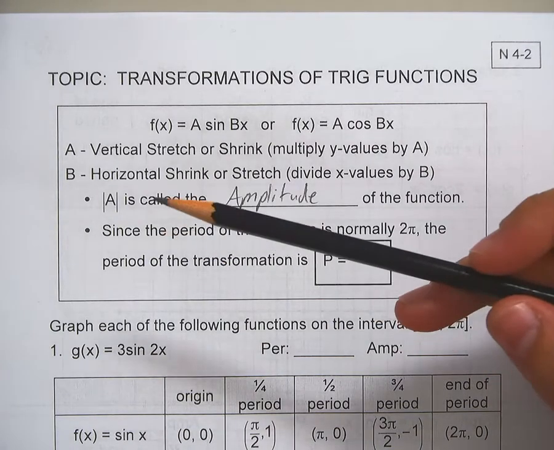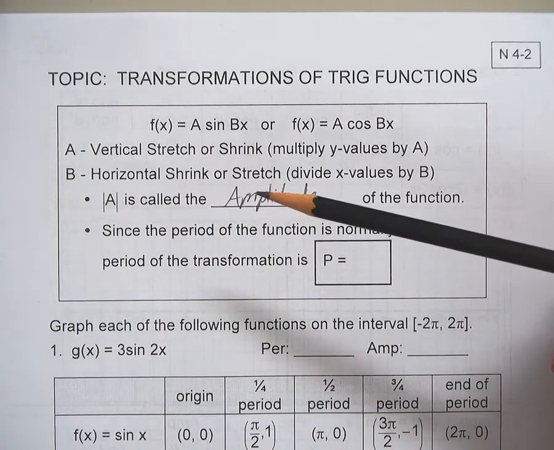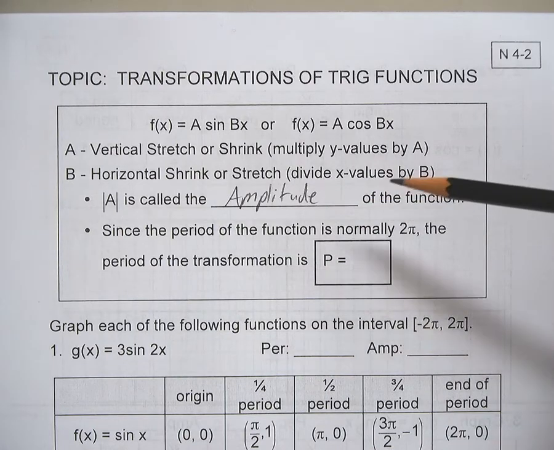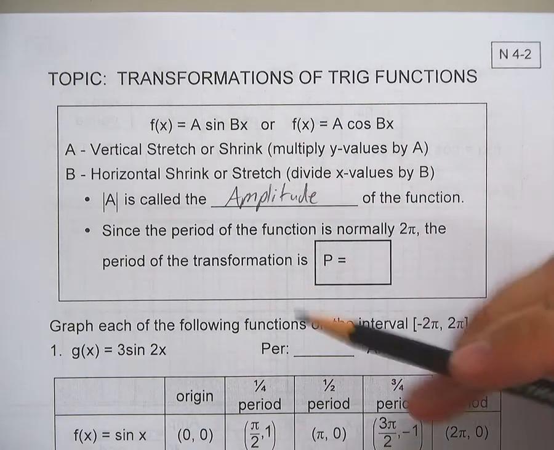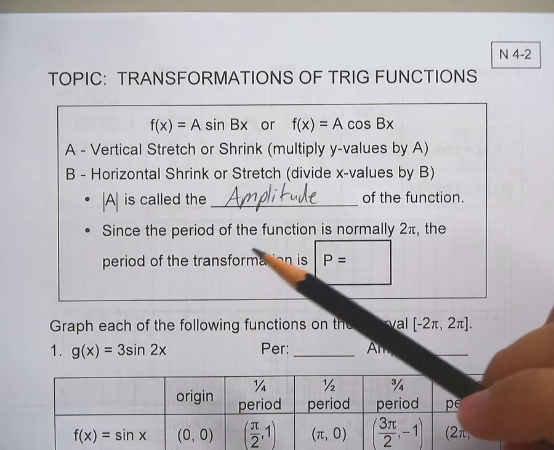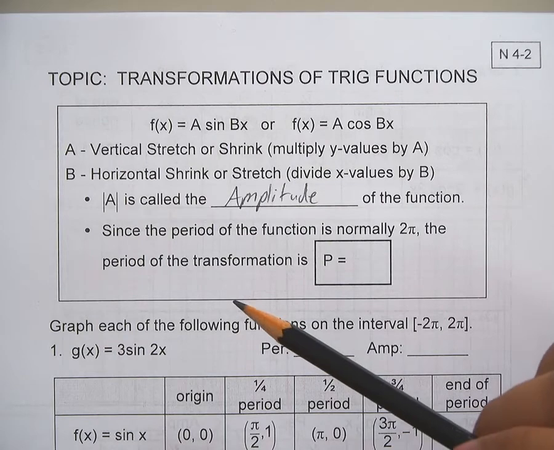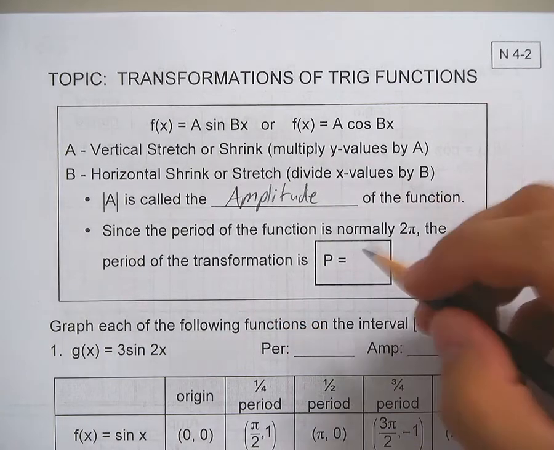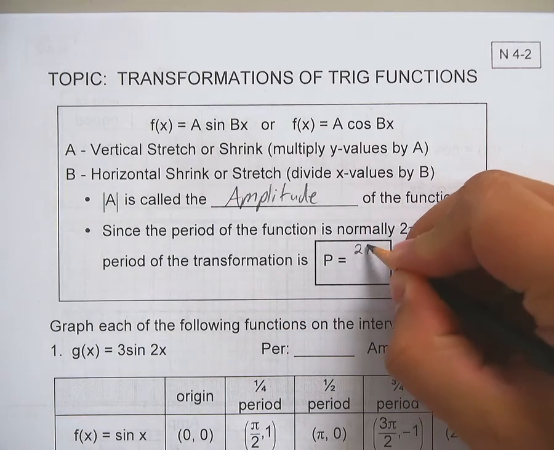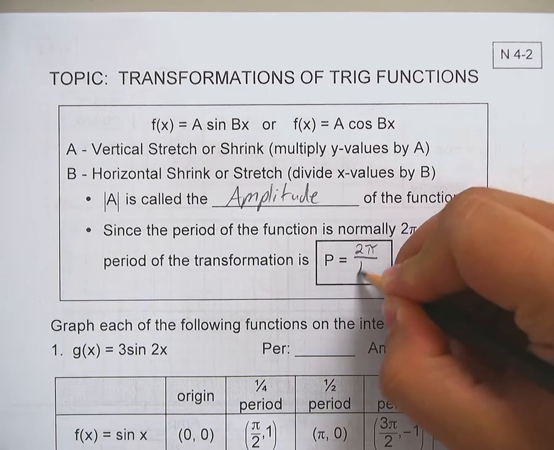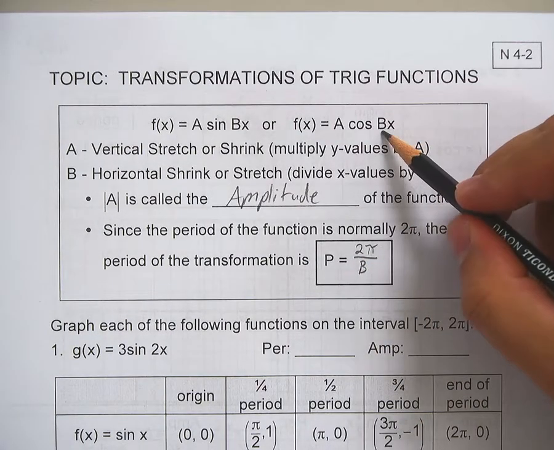B is called the horizontal shrink or stretch. You're dividing the x values by B. The way that we set this up, since the period of a function is normally 2 pi, the period of the transformation is going to be 2 pi divided by B, this B right here.